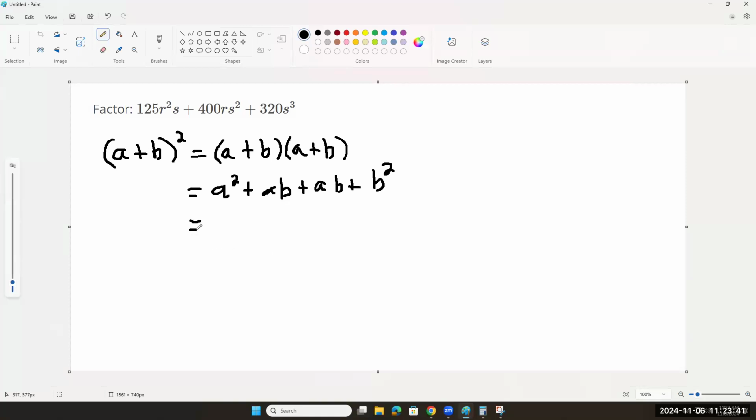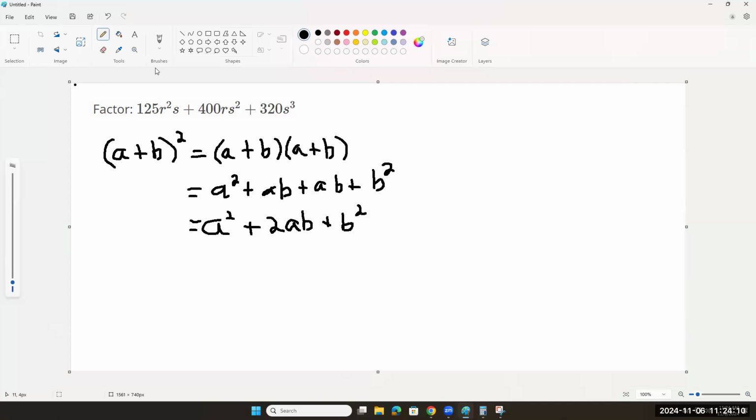And an even more simplified version of that is A squared plus 2AB plus B squared. Okay, so the reason I'm reminding you of that is because I think we're dealing with something that's similar to this.